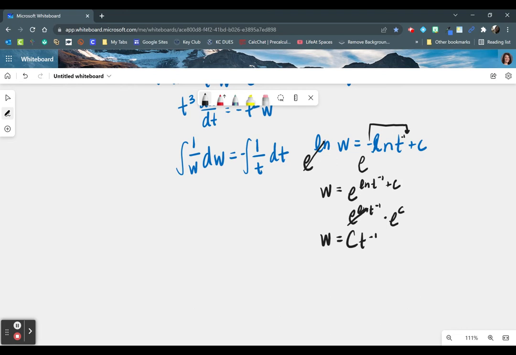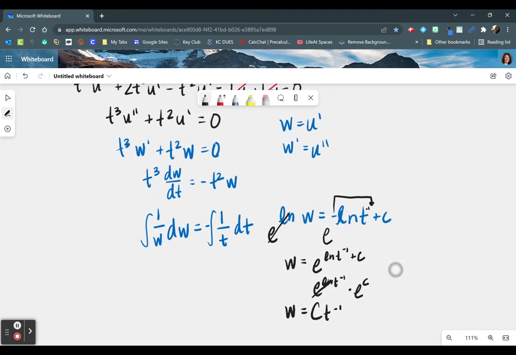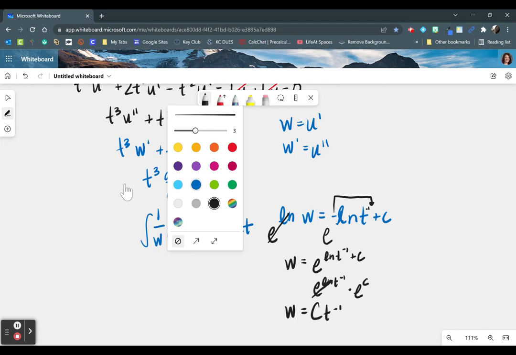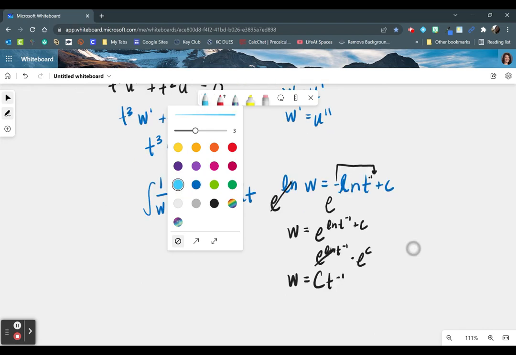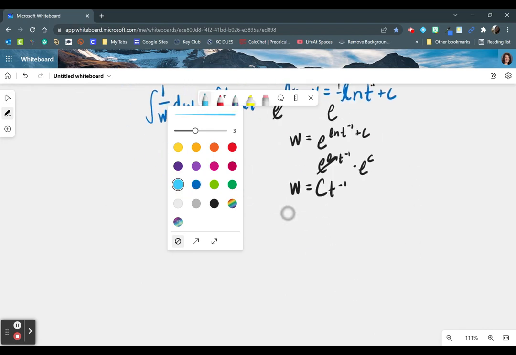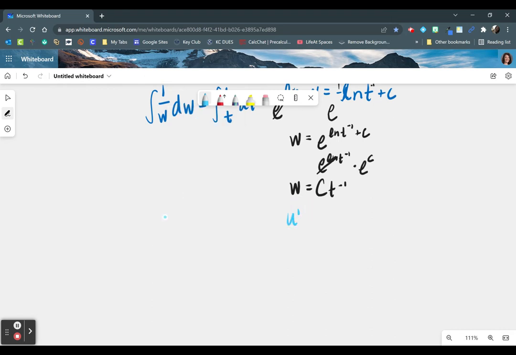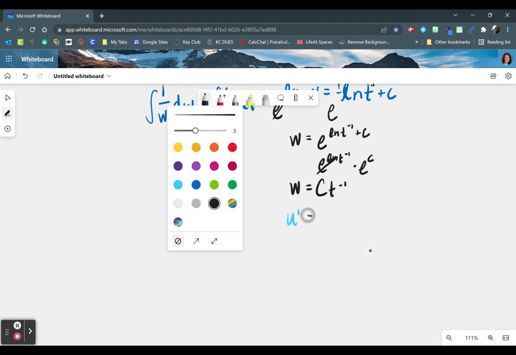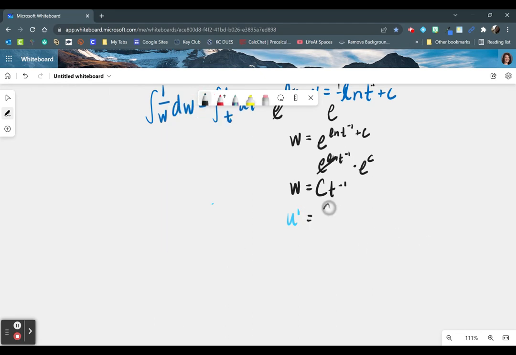All right, so we have what w equals, and we're going to undo our substitution here. W is u prime. So if I would like to go back to my original u value, I would say that u prime equals c over t.